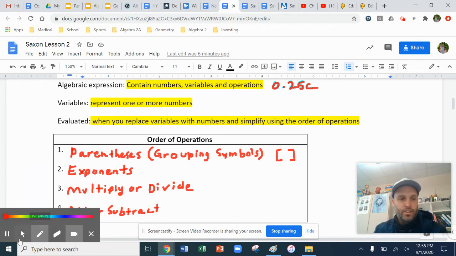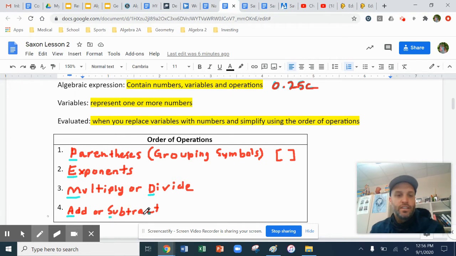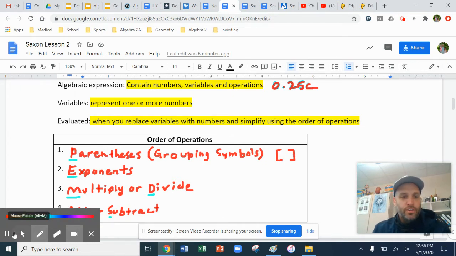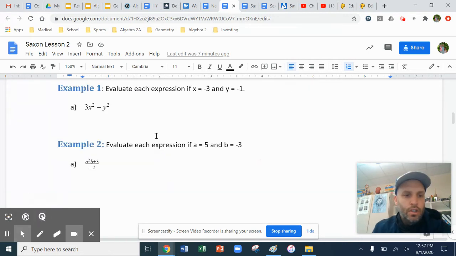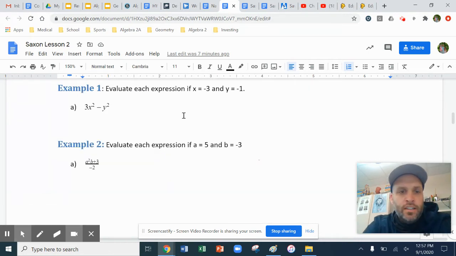We'll work left to right. And the acronym that can help us remember this is please excuse my dear Aunt Sally. So we can remember PEMDAS to help us remember the order that we're supposed to go for our order of operations.